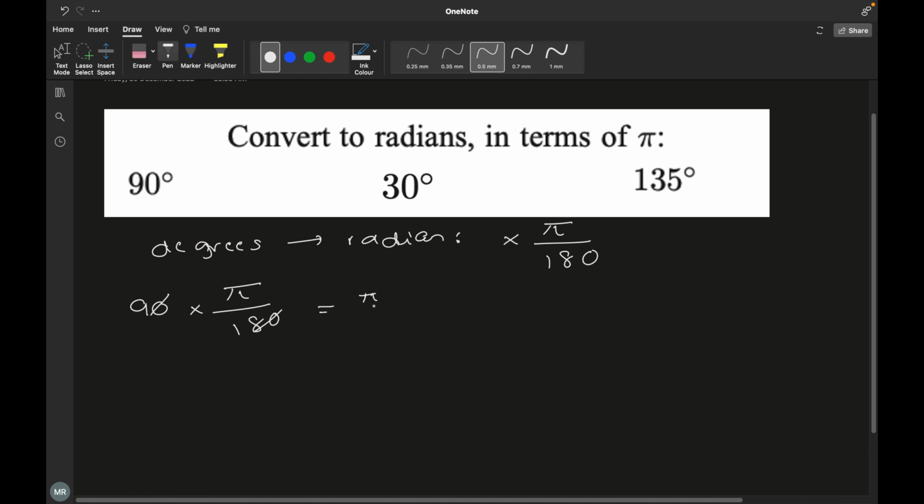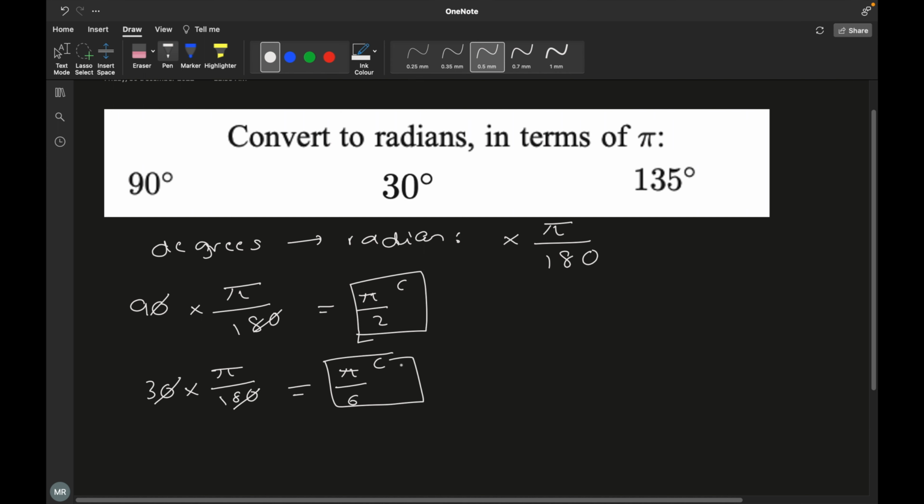This would be pi by 2 radians. This is our answer for the first question. The second one, that would be 30 into pi by 180. That's gonna be pi by 6 radians. This is our second answer.